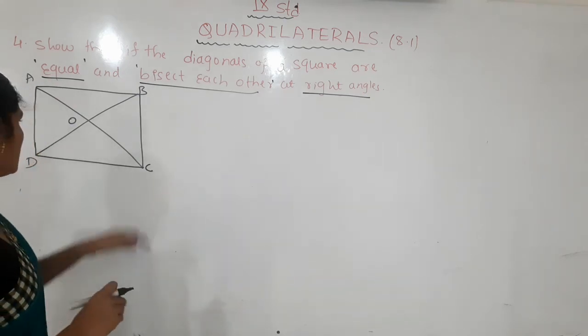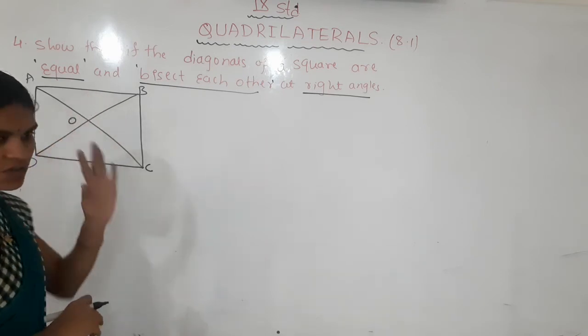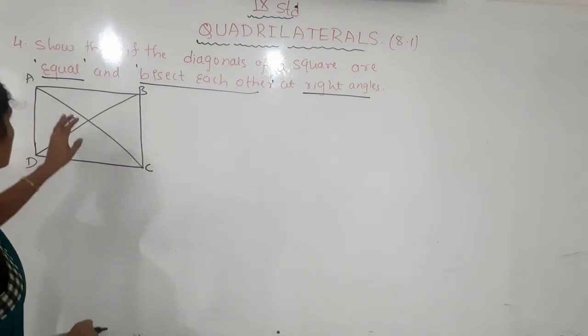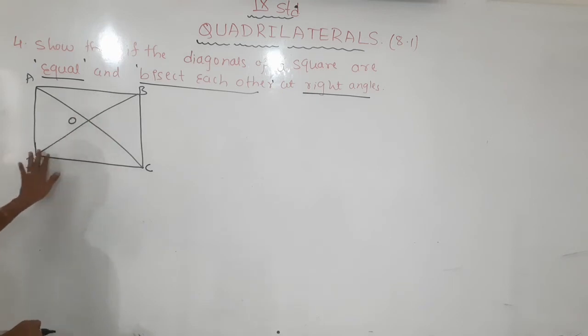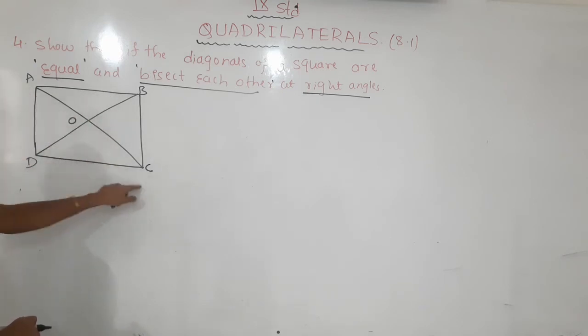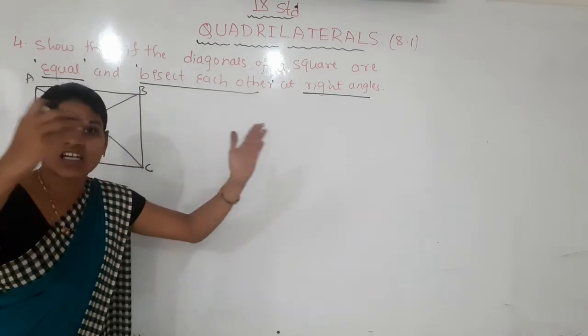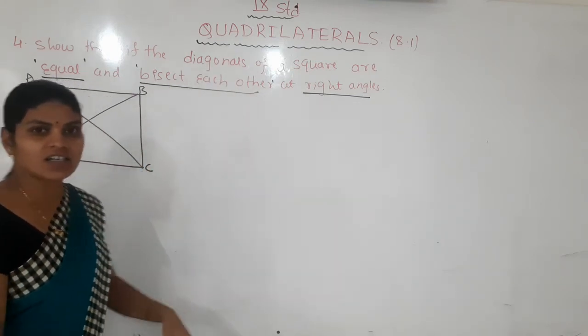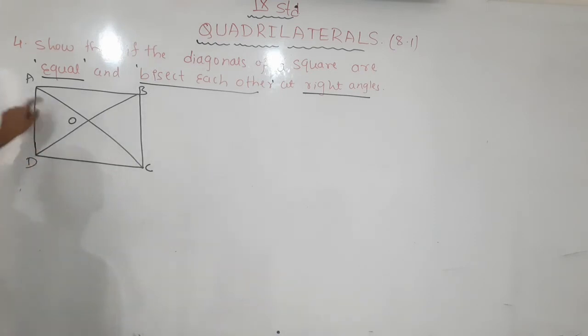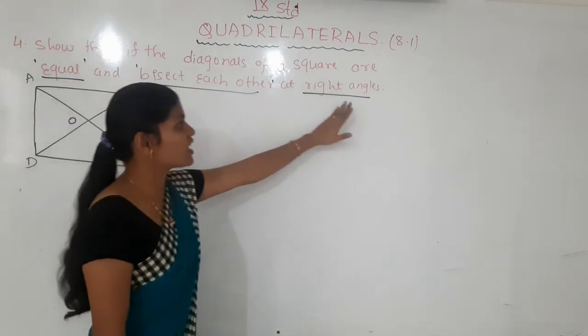This is given as a square. The diagonals in the square are equal, which means we have to show that AC equals BD, and they bisect each other. Diagonals are divided into two equal parts by the intersecting point, which means OA equals OC and OB equals OD. How to prove that? At right angles.